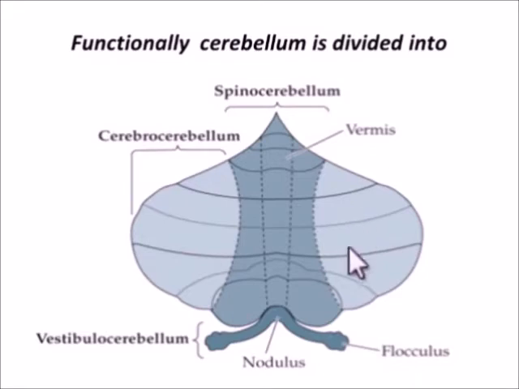And the third part is physiologically called the vestibulocerebellum, which is the flocculonodular lobe, and it is called vestibulocerebellum because it receives and gives tracts to the vestibular nuclei.